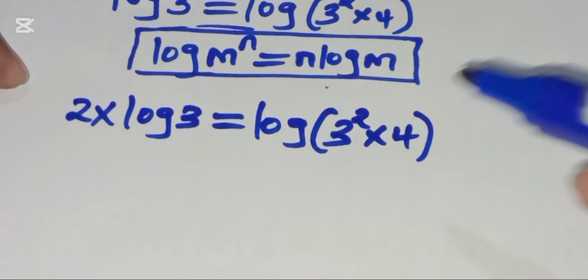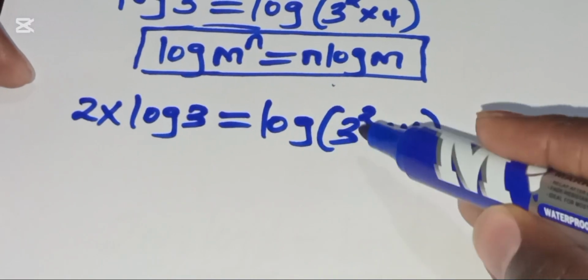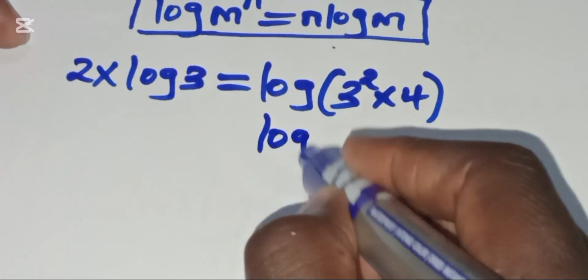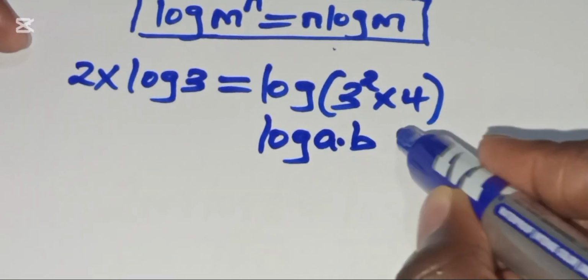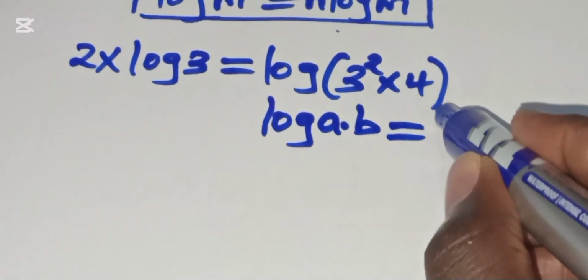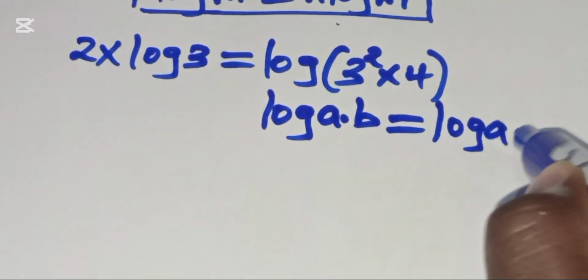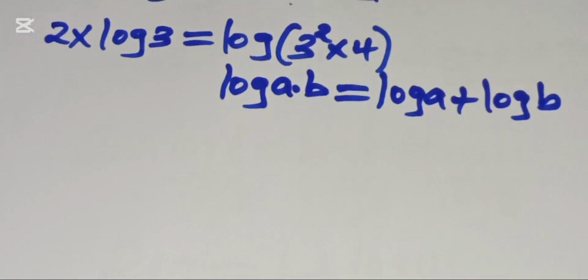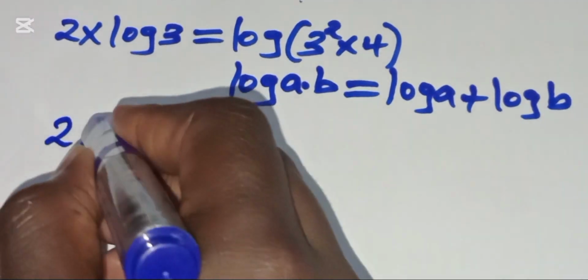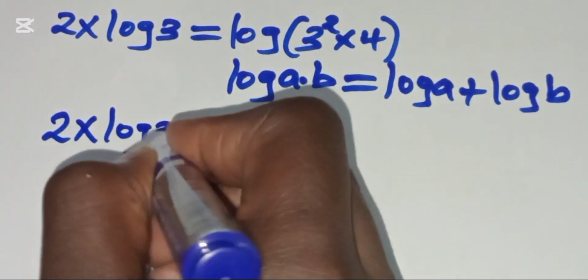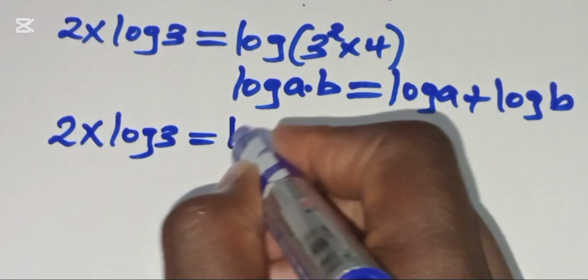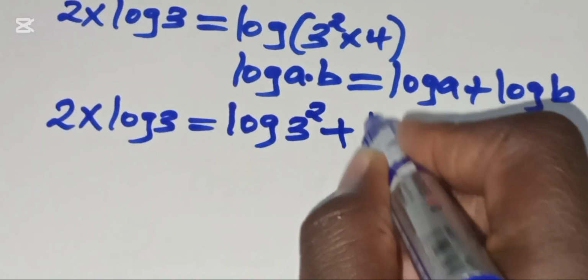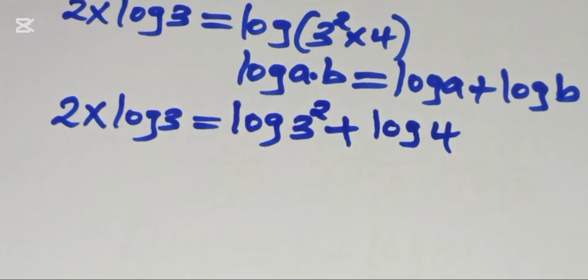Now the right hand side, log 3 squared times 4, is in the form of log a multiplied by b, which we can transform as log a plus log b. So we have 2x log 3 equal to log 3 squared plus log 4.